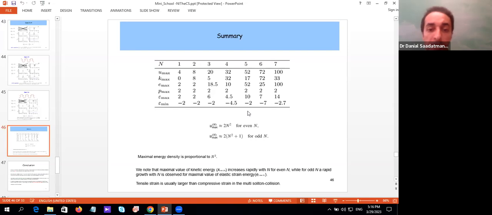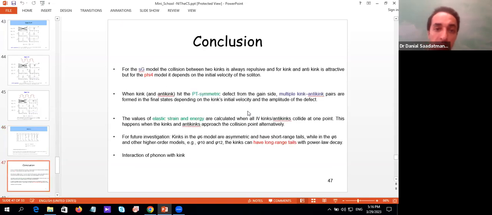And if I want to conclude my talk, I would like to say that for the sine-Gordon model, we have considered the interaction of the kinks, and also for the φ⁴ model, we have indicated that the results crucially depend on the initial velocity of the soliton.